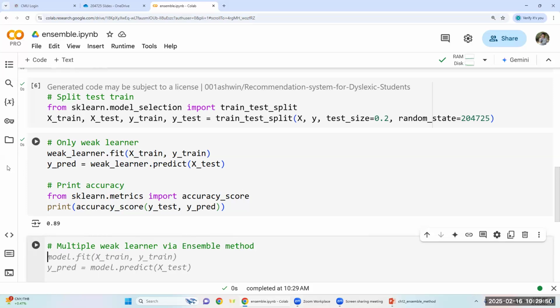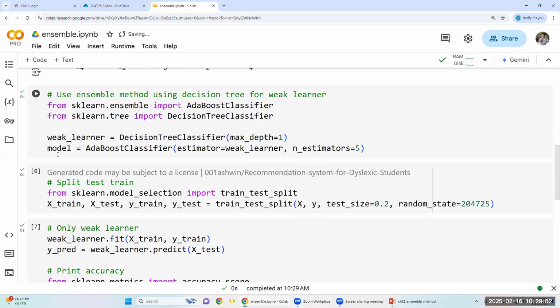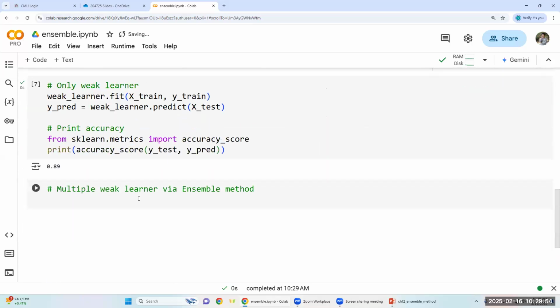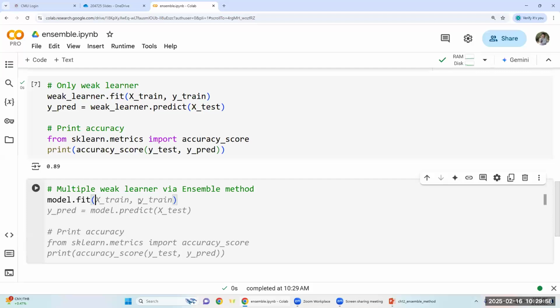For this, we already have the ensemble method here, which is the model. So we can say model dot fit x train, y train, and then you do the y prediction on the x test, and then we also print the accuracy.